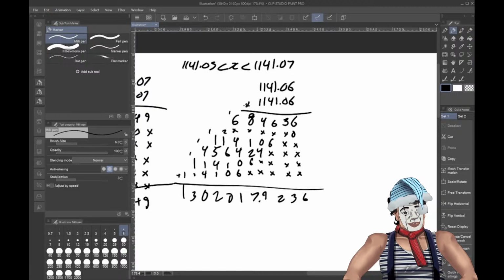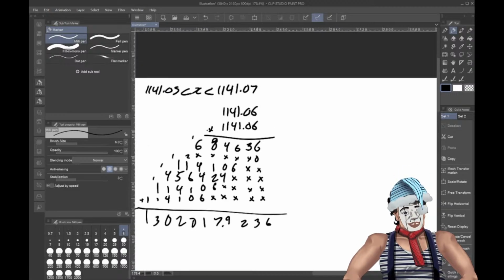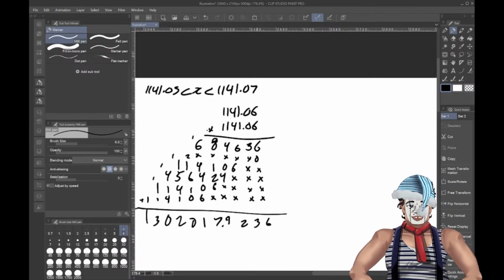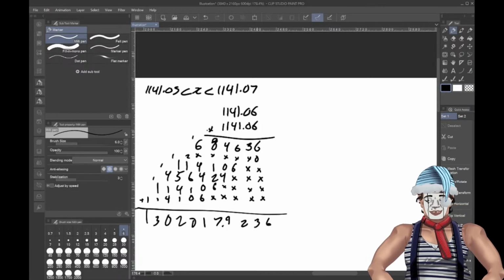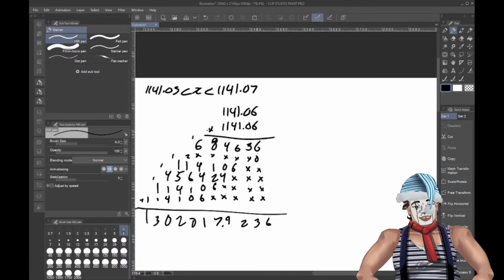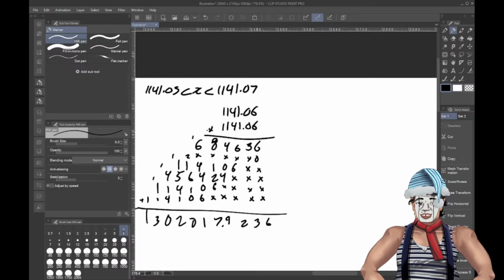So our new range is 1141.06 in X and 1141.07. That's pretty good. We've narrowed it down to somewhere in this range, but wow, there's still more numbers to go through. We still have options. We have to go down one more decimal point again.